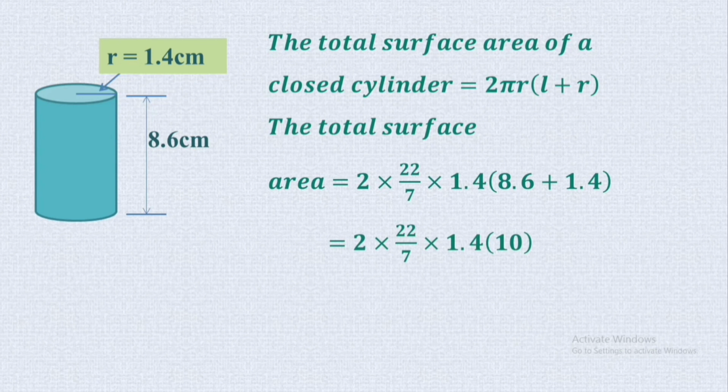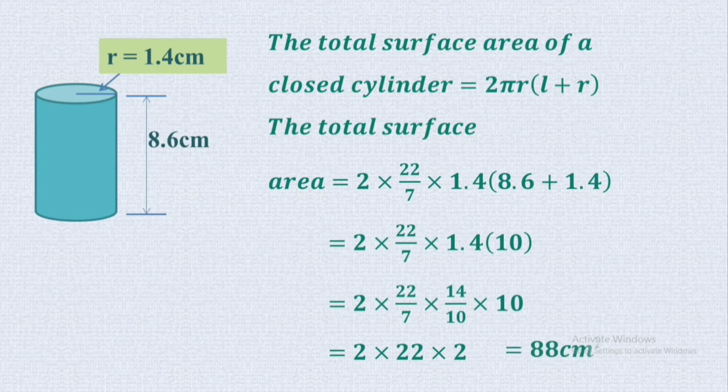Next, turn 1.4 to a fraction. So you have 2 times 22 over 7 times 14 over 10 times 10. 10 divided by 10 is 1 and 14 divided by 7 is 2. Therefore, you will have 2 times 22 times 2, which is equal to 88. Therefore, the total surface area of the cylinder is 88 cm squared.